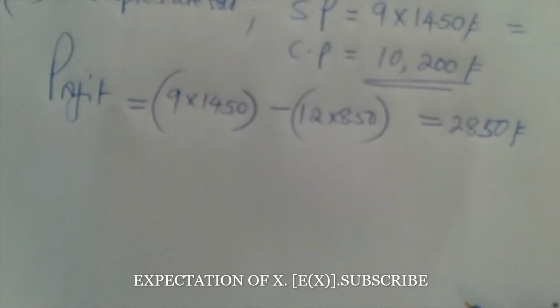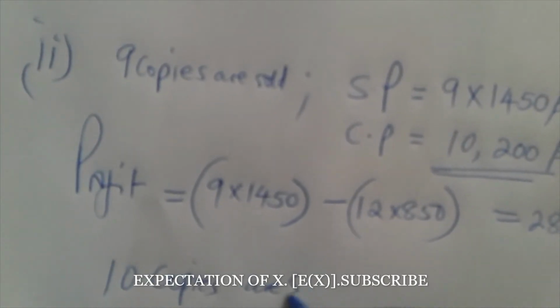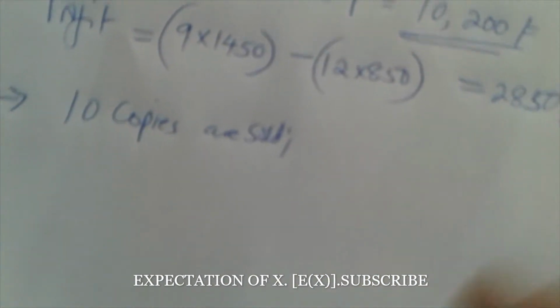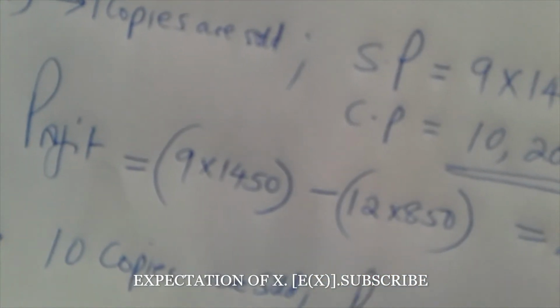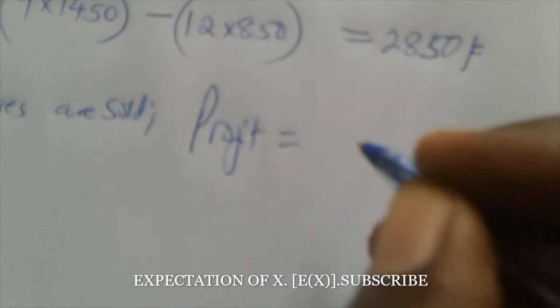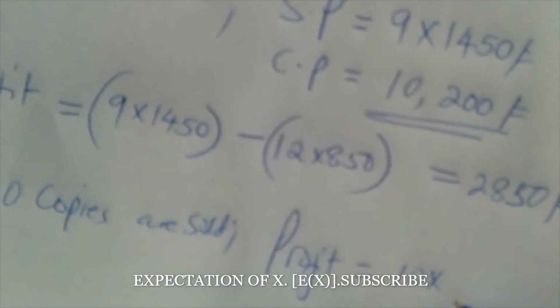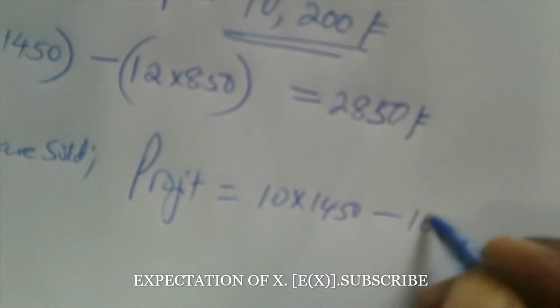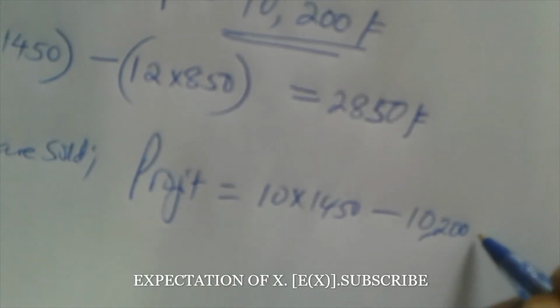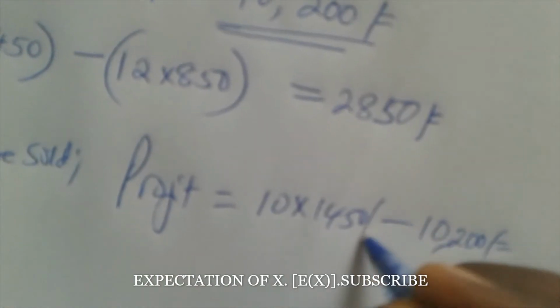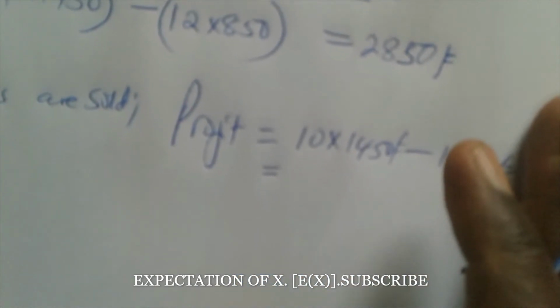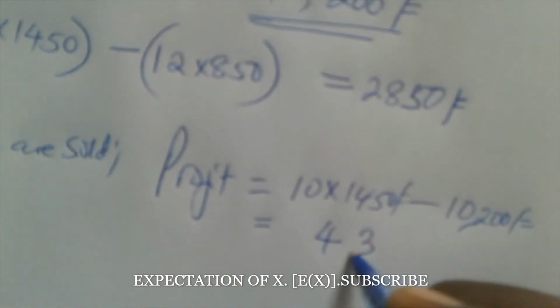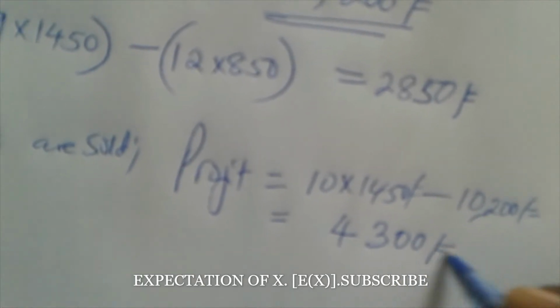Now, when 10 copies are sold, we shall have a profit of 10 copies times the cost per copy minus 10,200 as the cost price, and this will give a profit of 4,300 shillings.